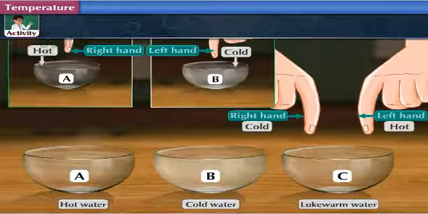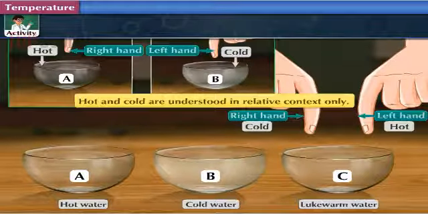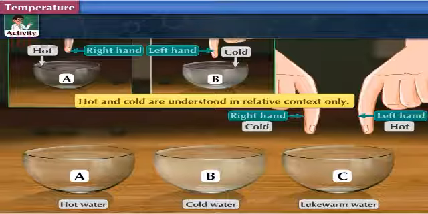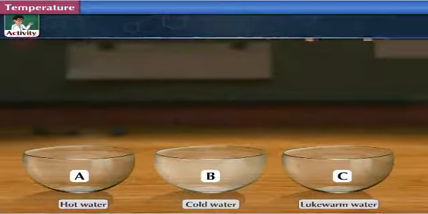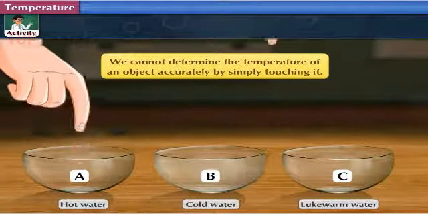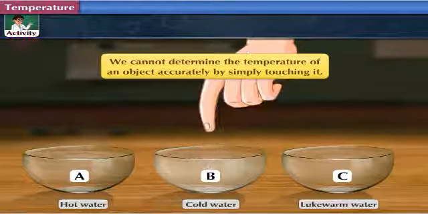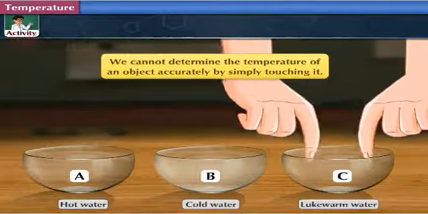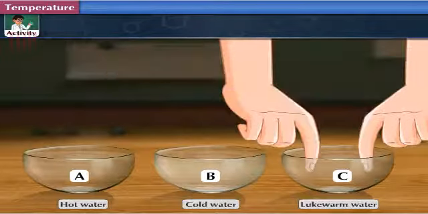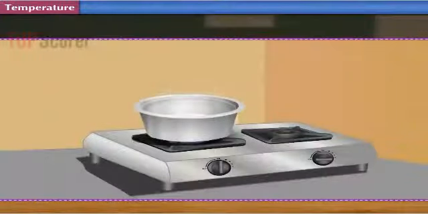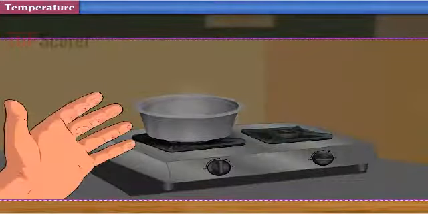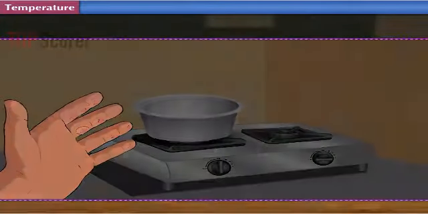This indicates that the terms hot and cold are understood in relative context only. This activity proves that we cannot determine the temperature of an object accurately by simply touching it. Also, we may hurt ourselves by touching very hot or very cold objects.